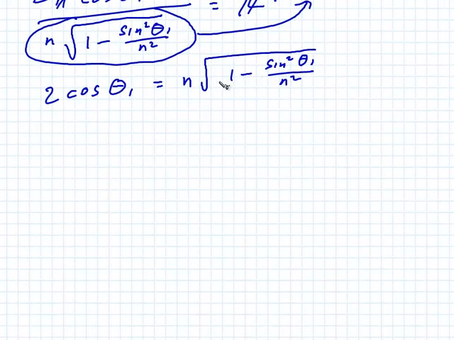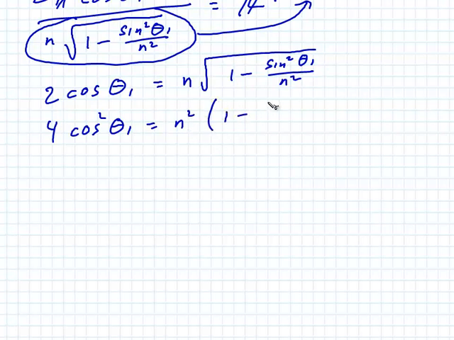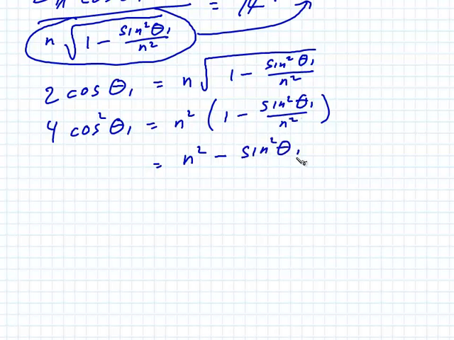Now, let's square both sides. So we have 4 cosine squared theta 1 equals n squared times 1 minus sine squared theta 1 over n squared. Let's distribute in this n squared, and we get n squared minus, this cancels here, so I simply have sine squared theta 1. And let's bring the terms with theta to the same side.